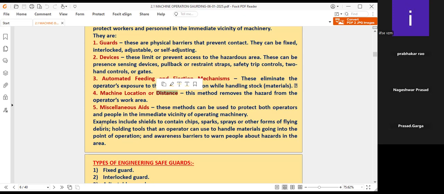The miscellaneous examples include shields to contain chips, sparks, sprays, and other forms of flying debris. For example, after a shutdown, if any standby or overhauled equipment is started immediately, the electrician and the process man have to use air blowers.